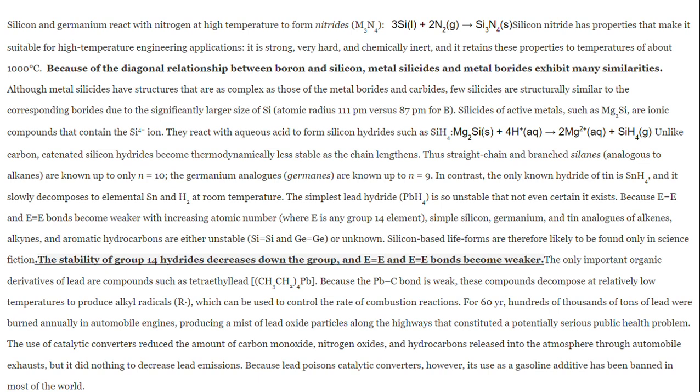The only important organic derivatives of lead are compounds such as tetraethyl lead, because the lead-carbon bond is very weak and these compounds decompose at relatively low temperature to produce alkyl radicals, which can be used to control the rate of combustion reactions.